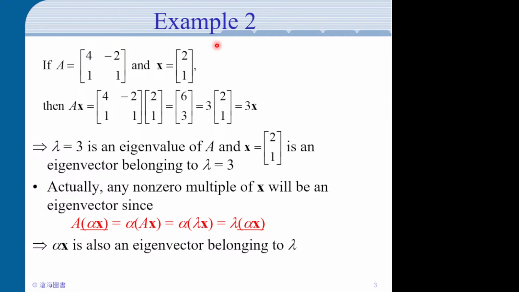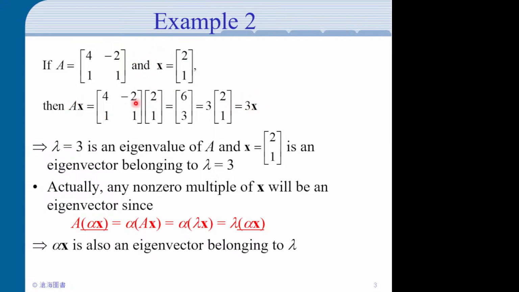Here we're given a matrix A and an eigenvector that we know is an eigenvector. A is the matrix 4, minus 2, 1, 1, and x is (2, 1). Then we just do matrix multiplication to check that Ax is some scalar multiple of x.